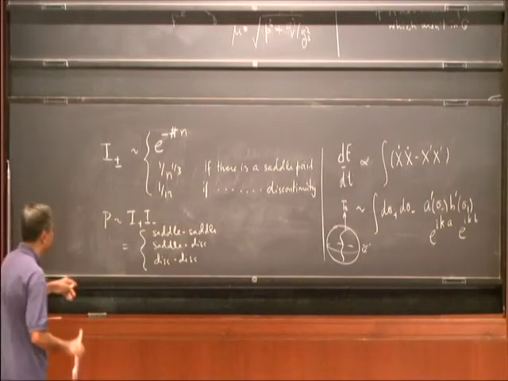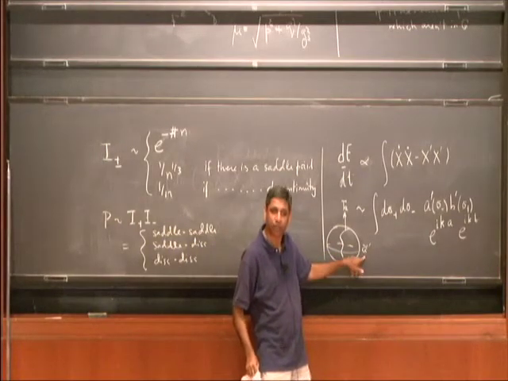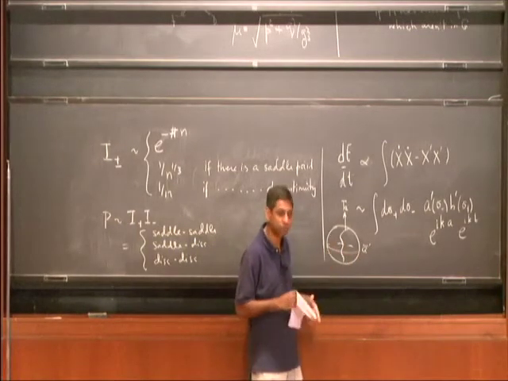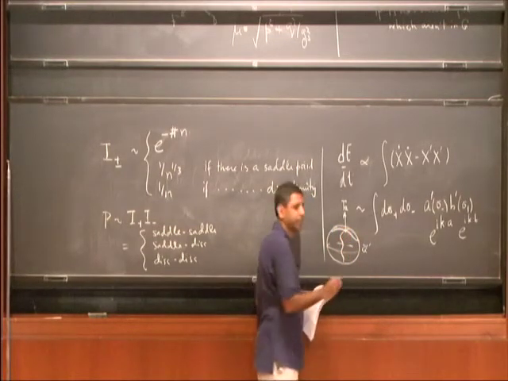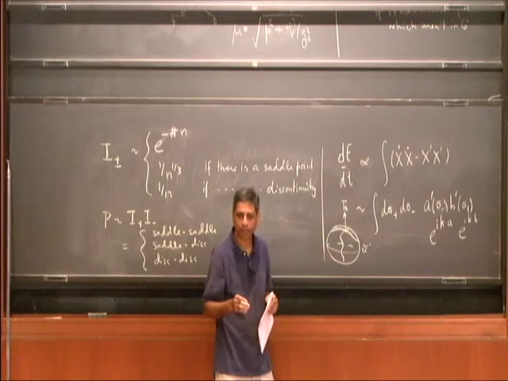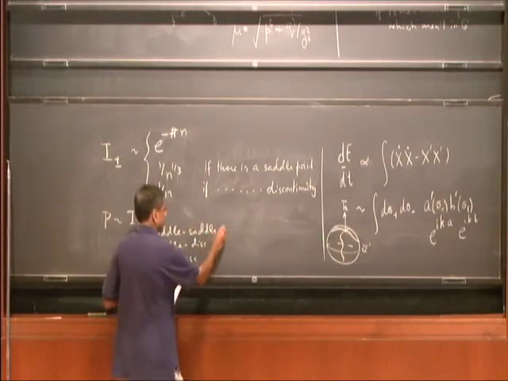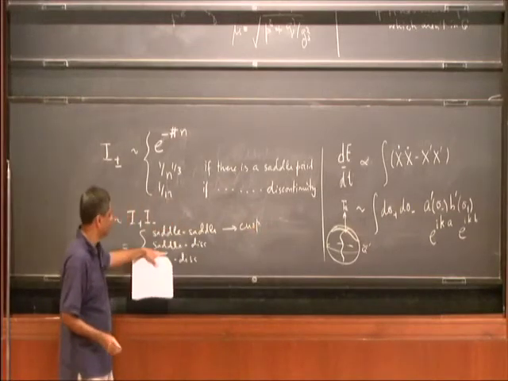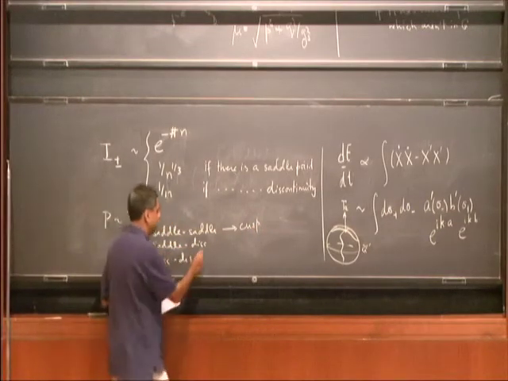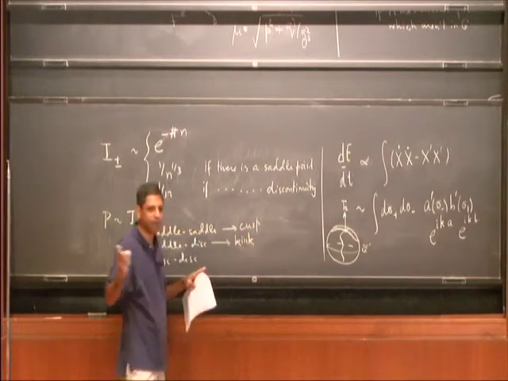Now, for saddle, saddle, k has to point in the direction of a prime, and it also has to point in the direction of b prime. So that means that a prime and b prime have to intersect. It's actually minus b prime, but that doesn't matter. So saddle, saddle is emission from a cusp. Saddle, discontinuity means a kink running along a string.